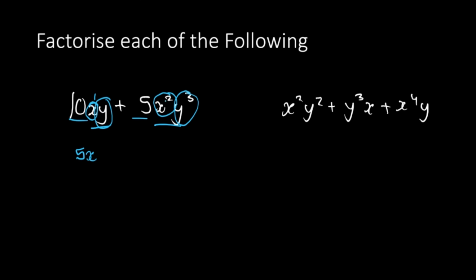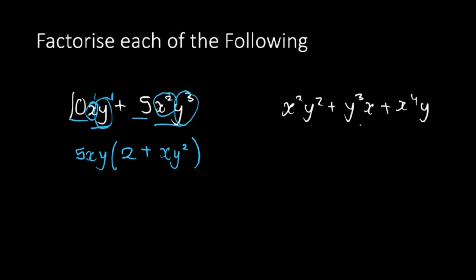And the lowest power for the y terms would be y to the power of 1 again, so y. Then you divide both by this common factor, so 10xy divided by 5xy will be 2, and then plus xy squared.